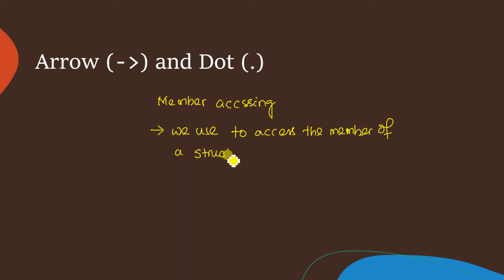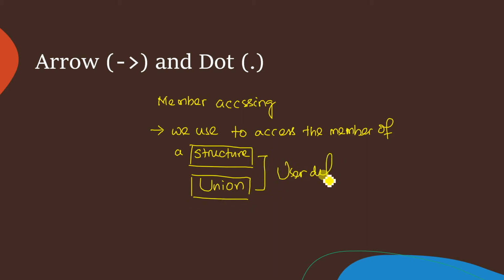Again, structure is a separate chapter. There are several other concepts also like structure. There is a concept called union in C. These are called user defined data types. So when we discuss the chapters on structure and union, there we will use the arrow operator and dot operator to access the members of the structure and union.